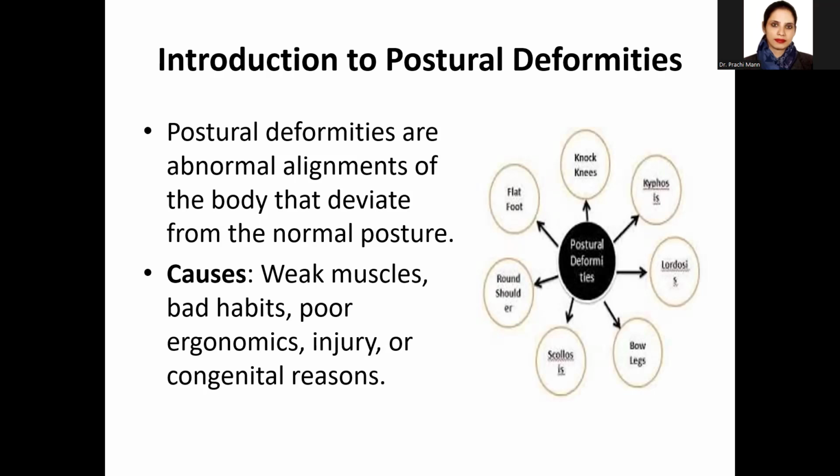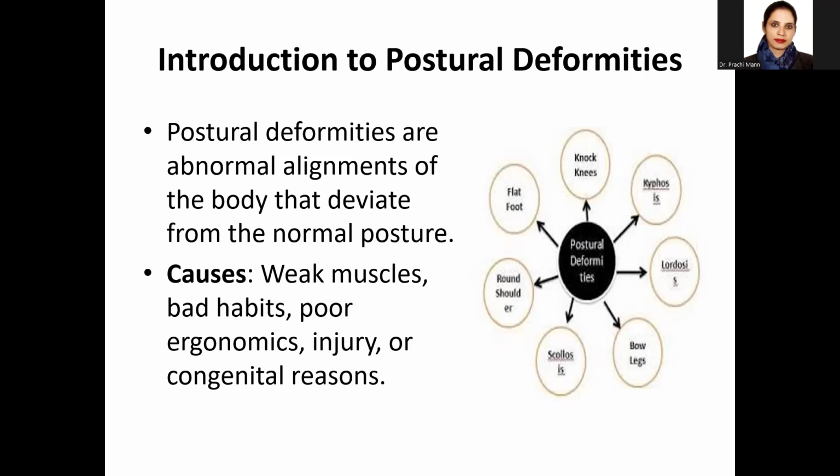So there are some costs if we do not maintain a proper or good posture; there are chances of some postural deformities. Postural deformities are abnormal alignments of the body that deviate from the normal posture.